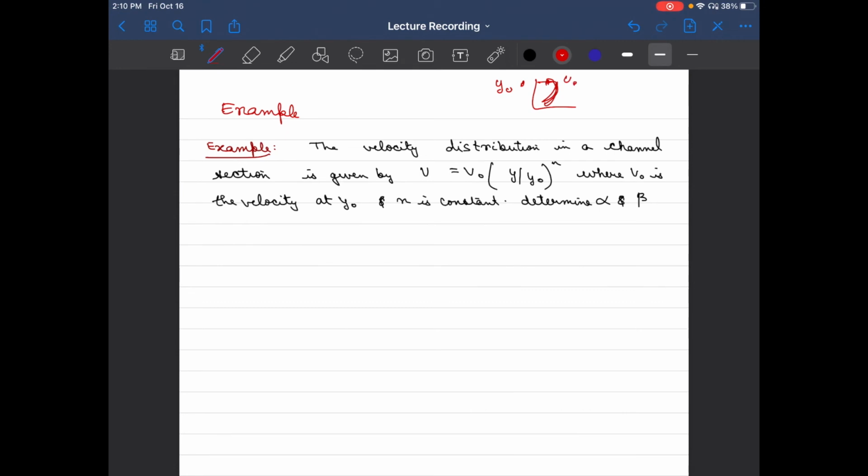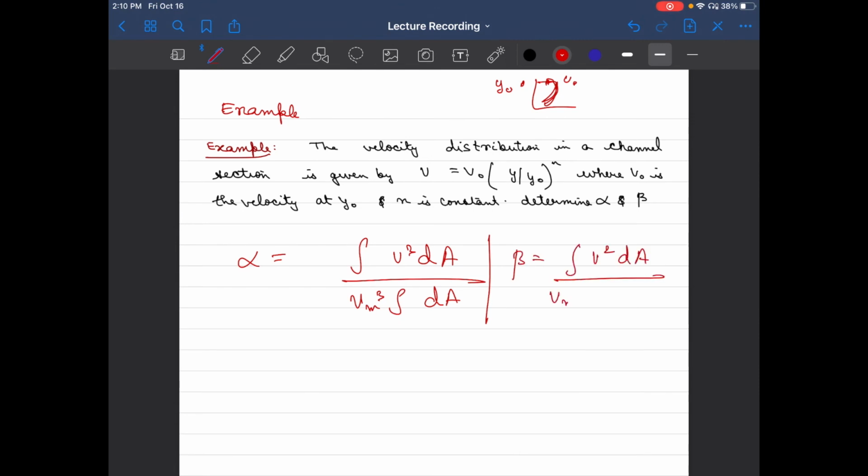As I mentioned, if we have to calculate alpha, we need to look into integration v cube dA divided by integration dA and Vm cube. And if we have to look at beta, we have to look at integration v square dA divided by Vm square dA. So the first step should be to look into the value of Vm.